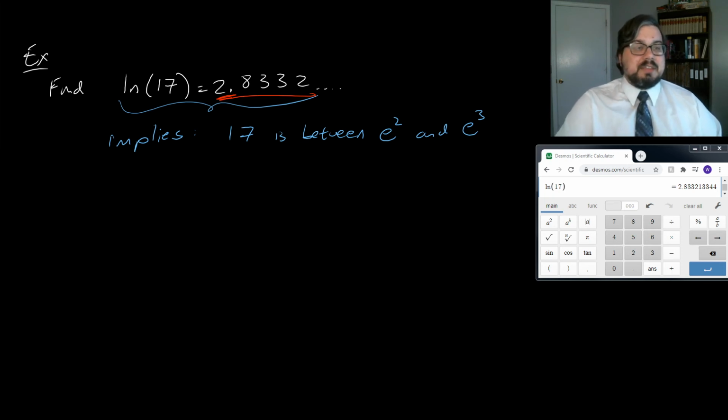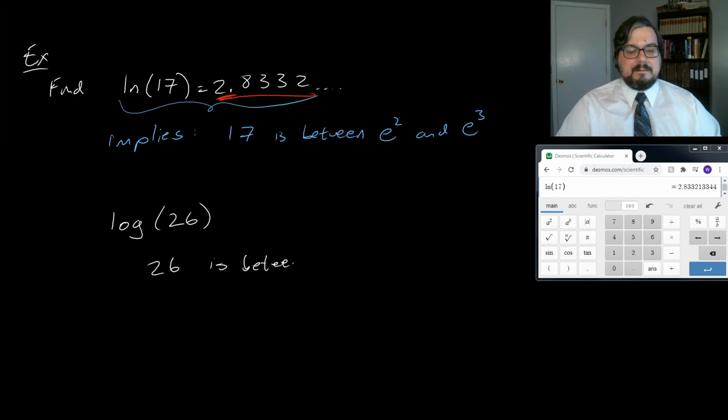And the same thing does in fact hold for any logarithm. If I say the common logarithm of 26, I know that 26 is between 10 to the first and 10 squared, that is 10 and 100.